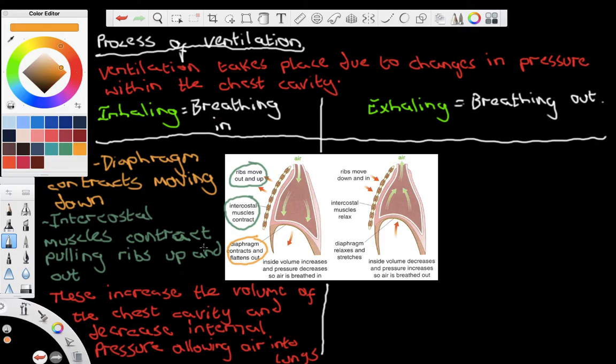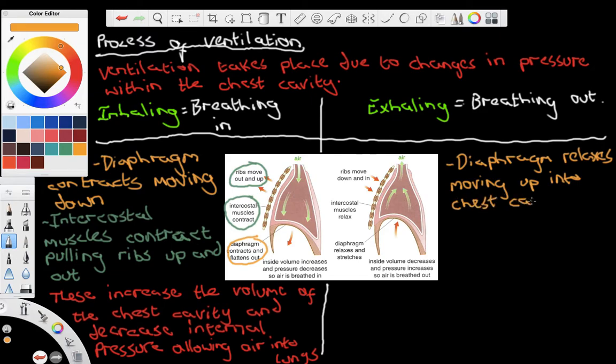On the other hand, when you exhale, the diaphragm relaxes and moves up into the chest cavity. So the diaphragm relaxes, moving up into the chest cavity. At the same time, the intercostal muscles relax and they move down.